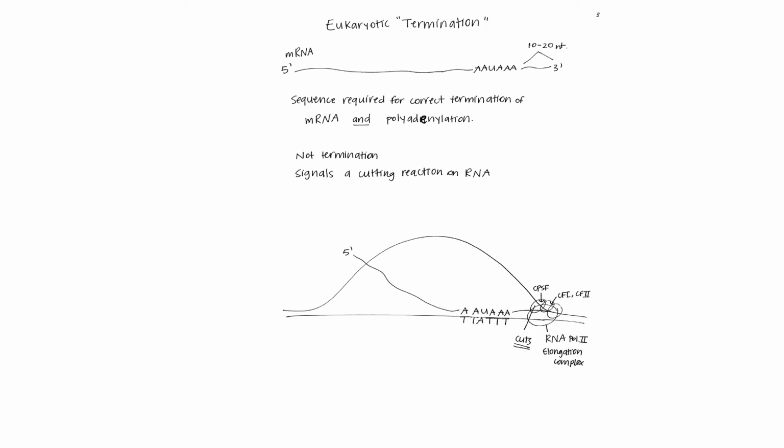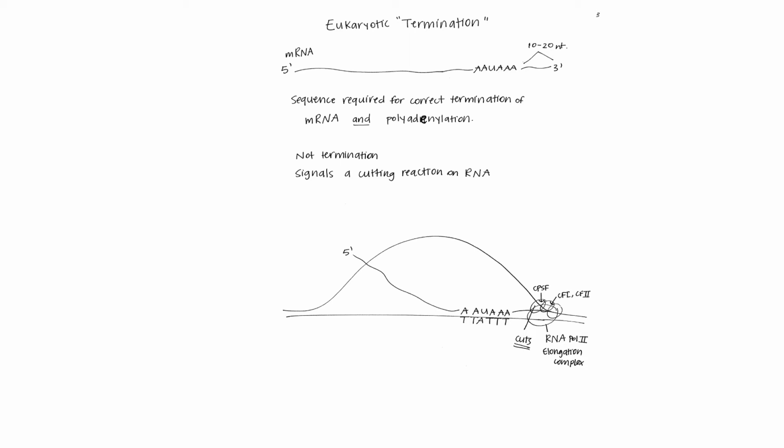So what happens is after the polymerase passes or synthesizes the AAUAAA sequence, there's an activation of those three proteins that cuts the transcript. So there's CF1, which stands for cleavage factor 1, and cleavage factor 2. And then there's cleavage and polyadenylation specificity factor also there.